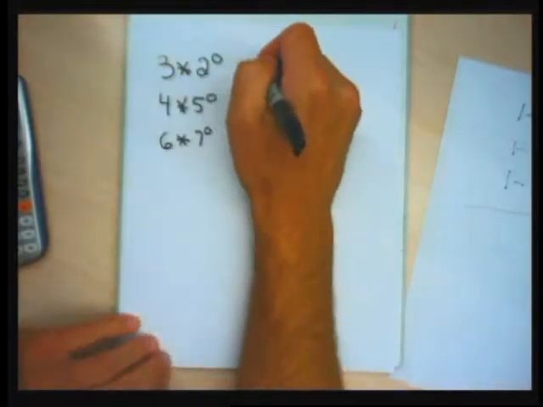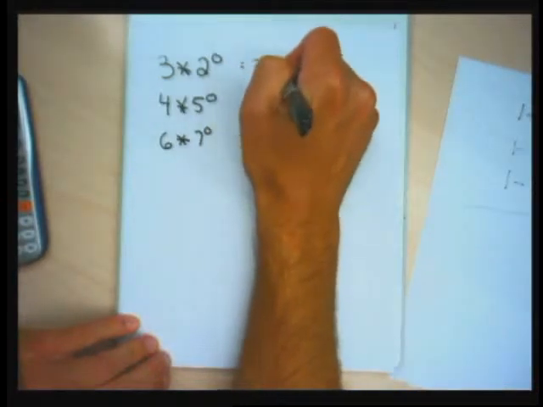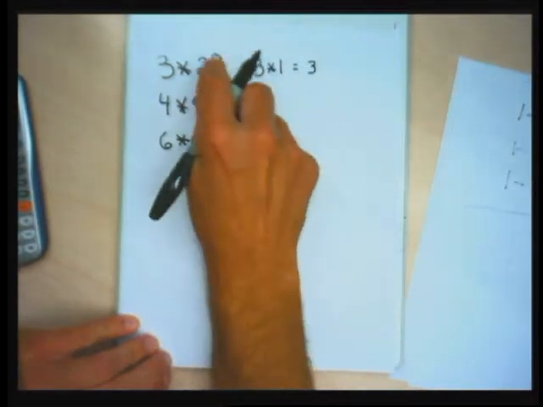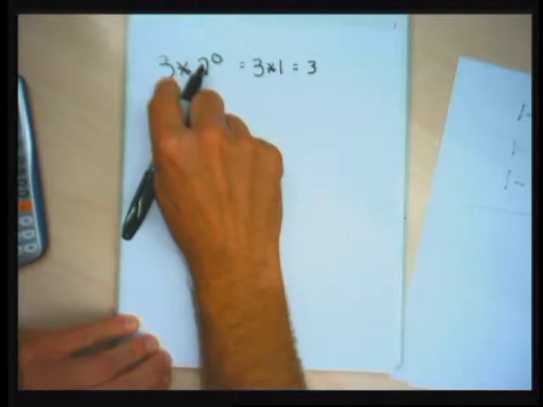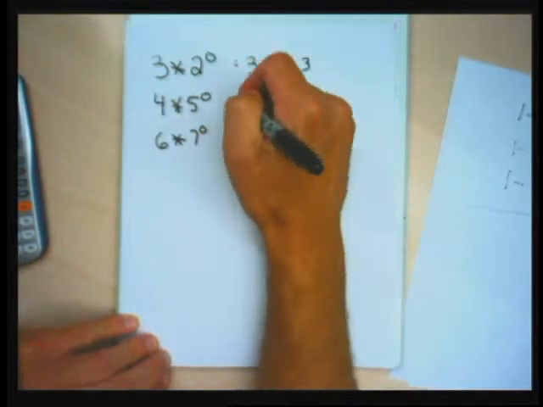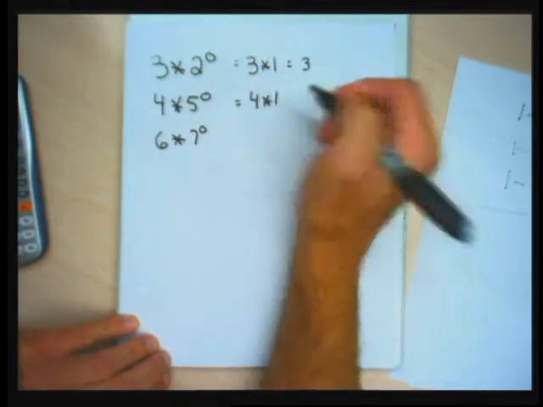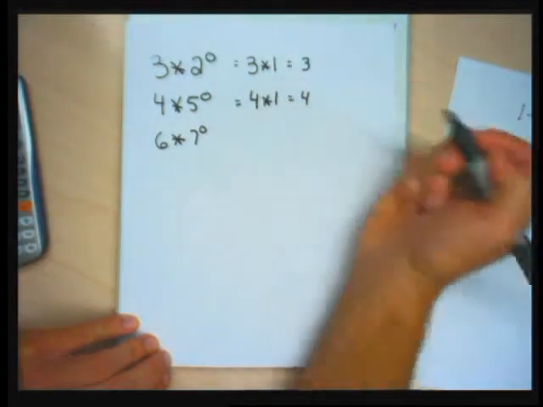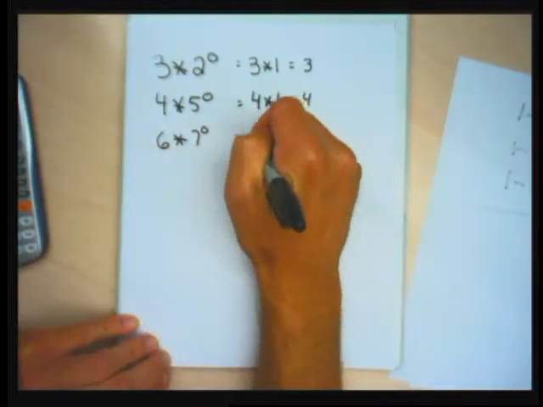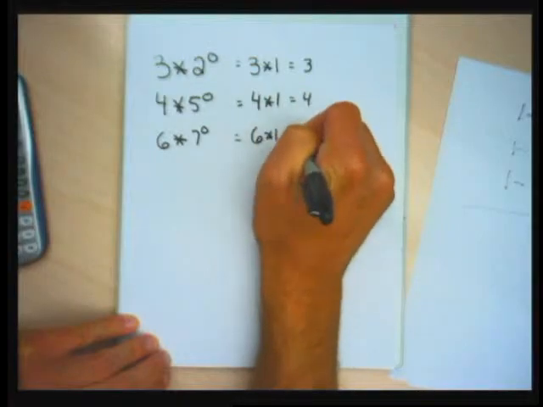This top one is really 3 times 1, which is 3, because the exponent doesn't apply to the 3. In the middle one, the exponent only applies to the 5. 5 to the 0 power is 1, and this is 4. And the bottom one, this is 6 times 1, which is 6.